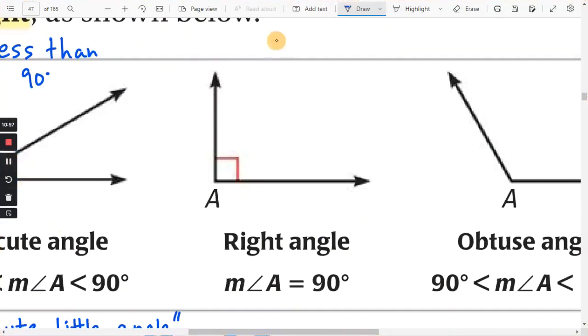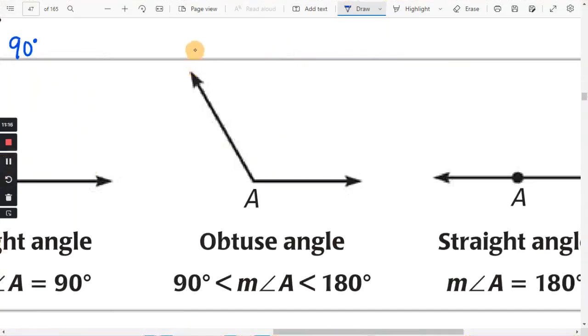Now for the right angle, it's going to be exactly 90 degrees. Okay, and if it doesn't say 90 degrees, you know that it's a right angle from this square symbol inside the angle, like so. Okay, the obtuse angle is between 90 and 180.